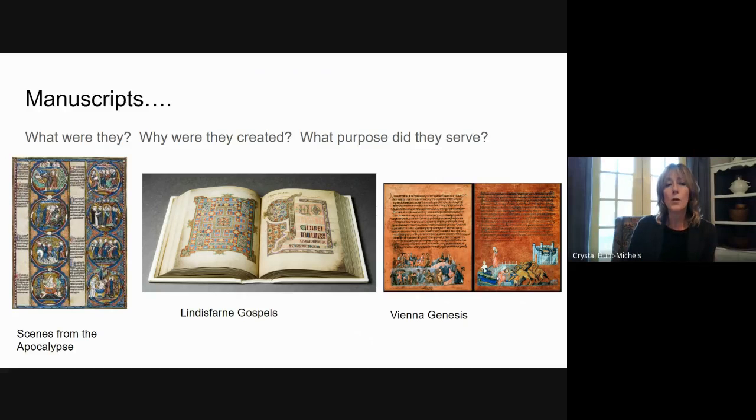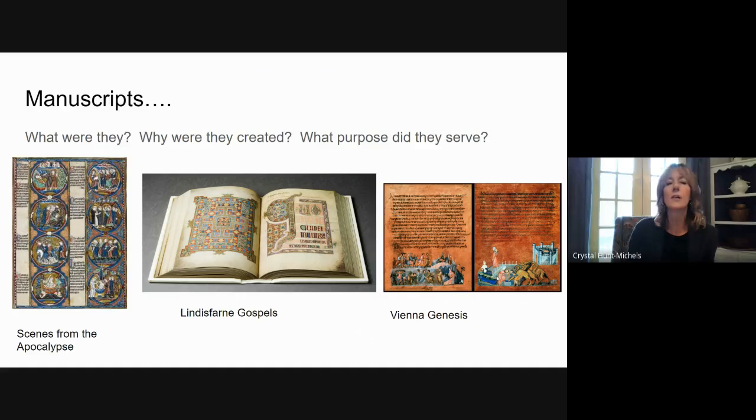They were created because they helped guide practice, and you have to remember that these manuscripts were not created during a time where mass production was possible. This is prior to printing presses and things like that.